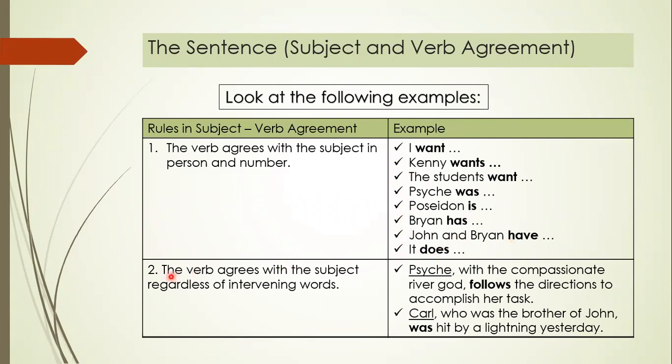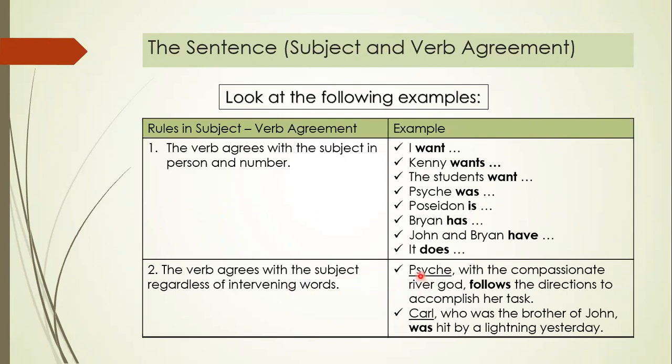And rule number 2, the verb agrees with the subject regardless of the intervening words. What are intervening words? Words that come after the subject but before the verb. Please take a look at example number 1. Psyche, comma, with the compassionate river god, follows the directions to accomplish her task.